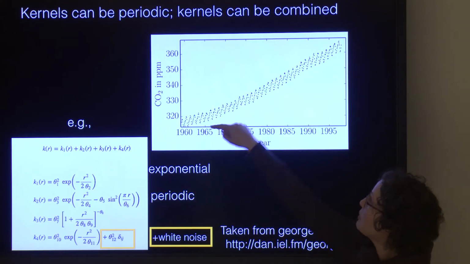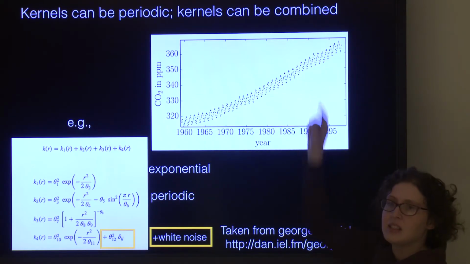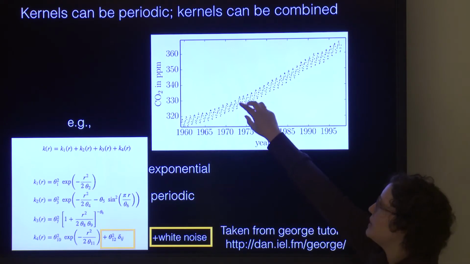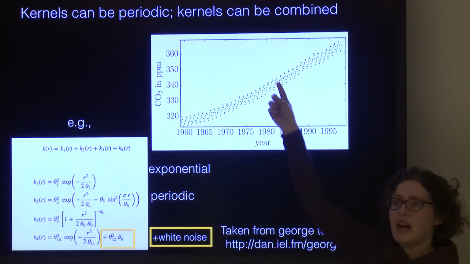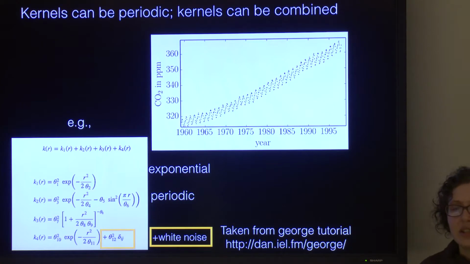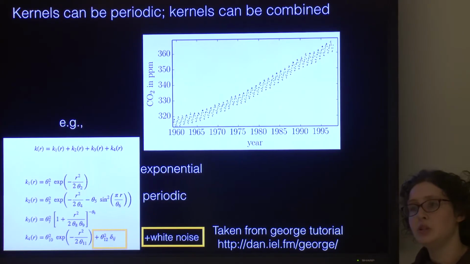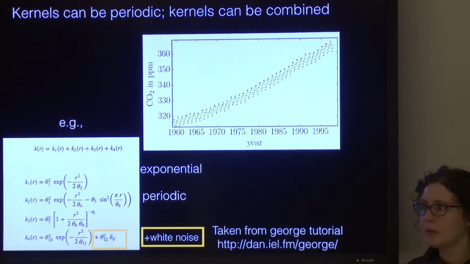They have a periodic piece, which is fitting these wiggly bits. Not fitting, but taking it into account. And then they have a white noise piece, since there's some random scatter about that. The same thing we could use for fitting our exoplanet data. And indeed, we do use that, and it works pretty well.